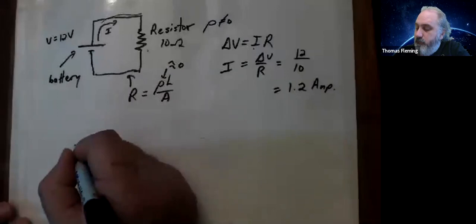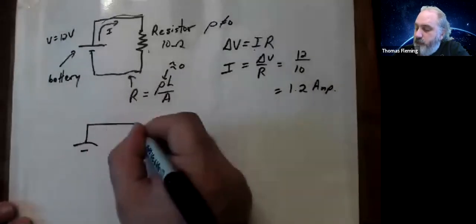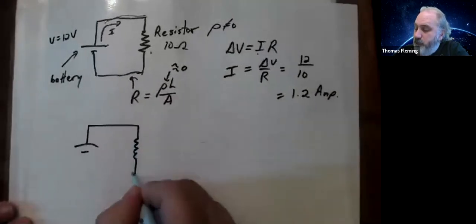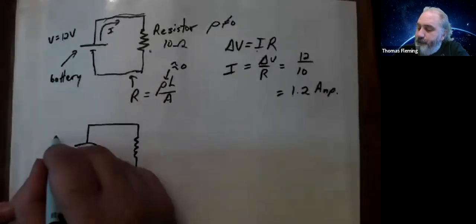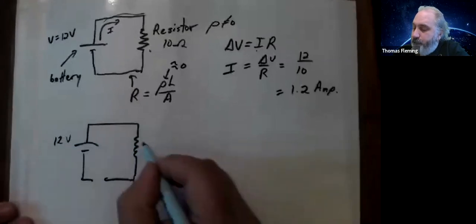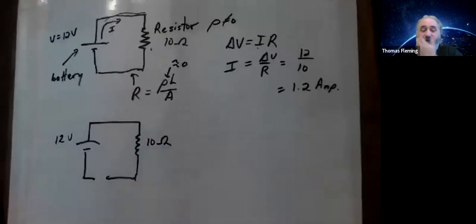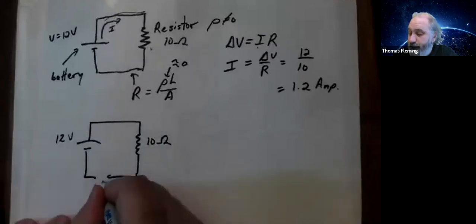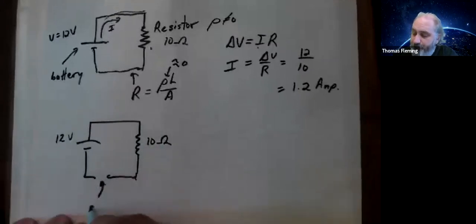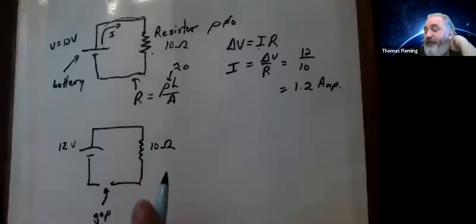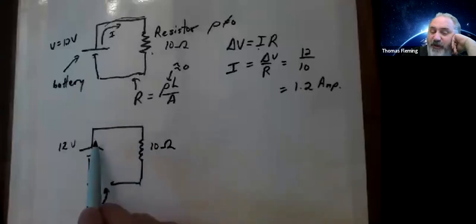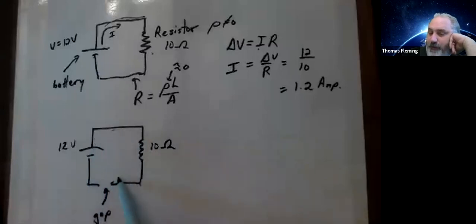So now I've got a little gap right here. Well, now what's going to happen is if I tried to send current out of this battery, the current would hit a dead end over here.